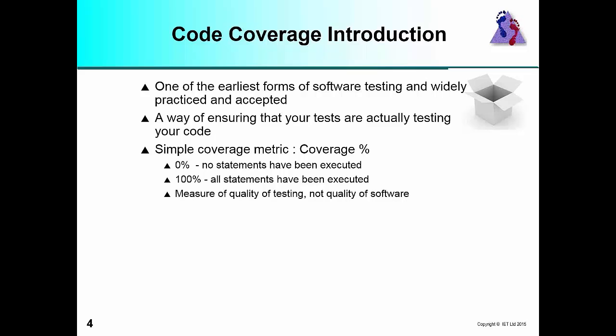So the job of functional testing is to make sure the code actually does what it's supposed to do. But the structural testing or code coverage is measuring the quality of your testing. So for example, if your coverage percentage was low, then that means there is a large amount of code in your application that has not yet been executed, i.e. tested.